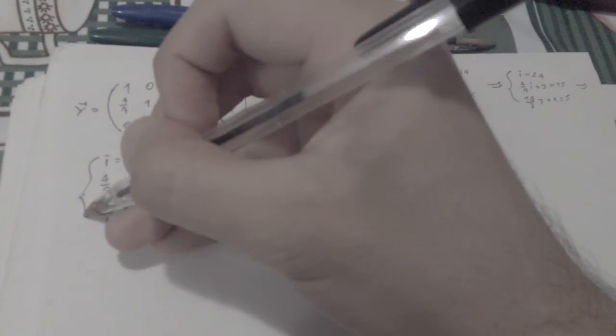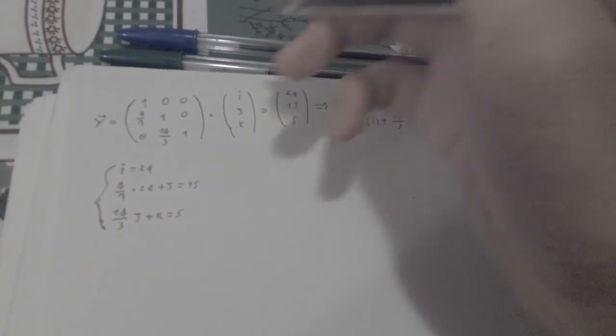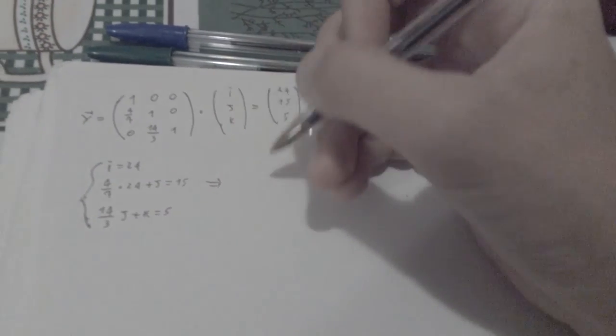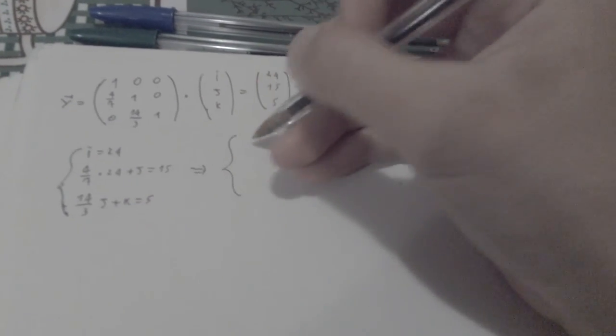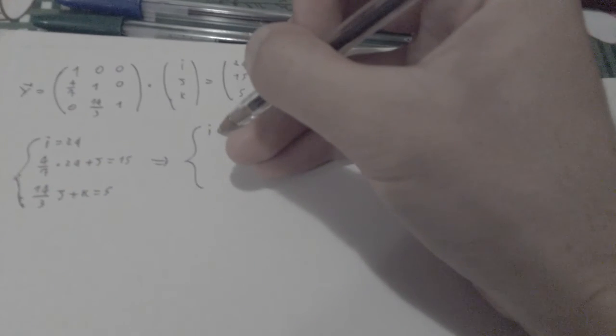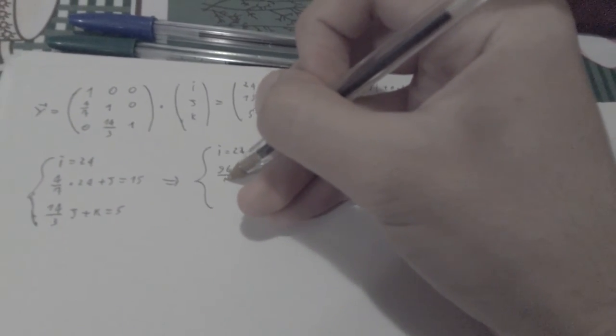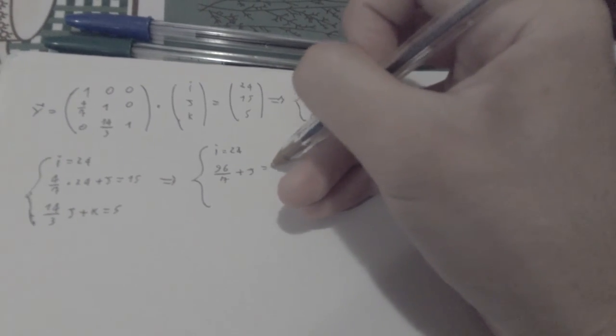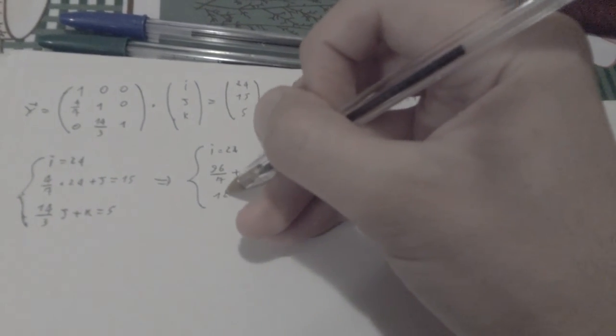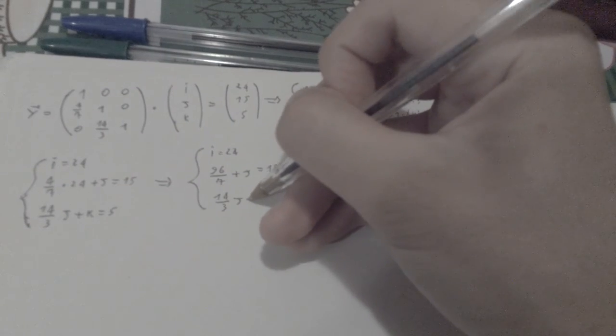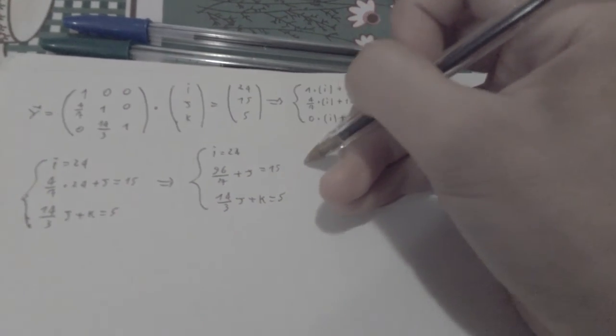Okay, and then we keep going on. So we're gonna have i equal to 24, 96 over 7 plus j equal 15, and 14 over 3 j plus k equal 5.